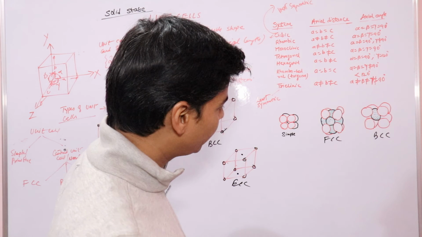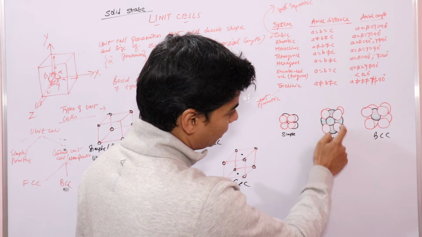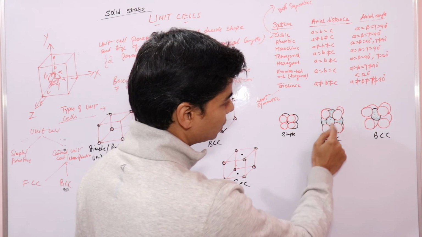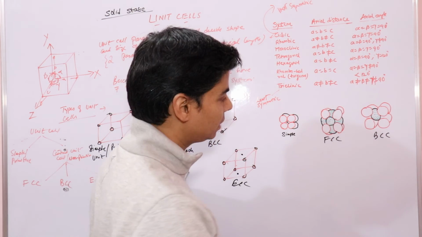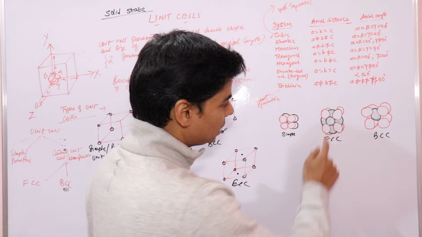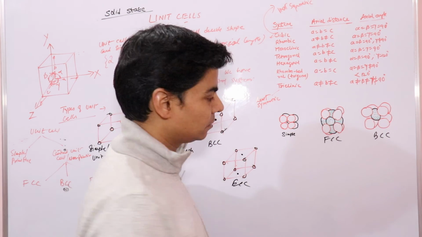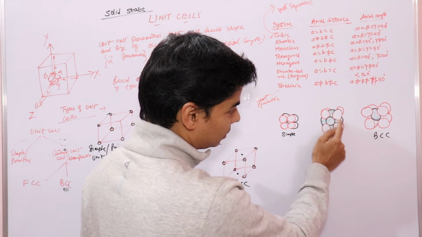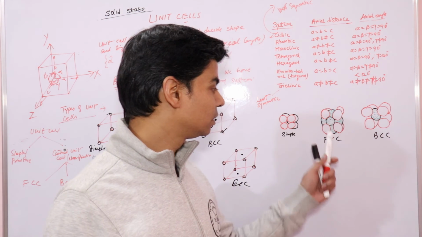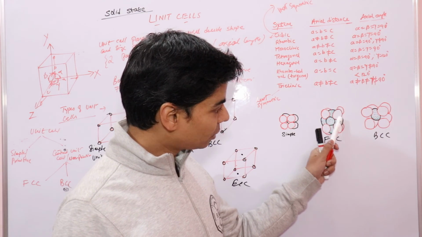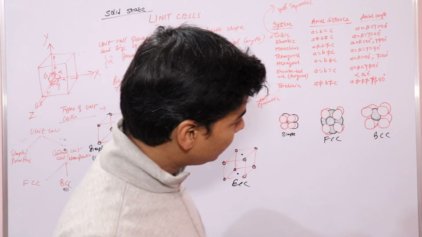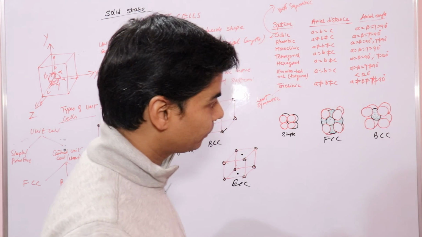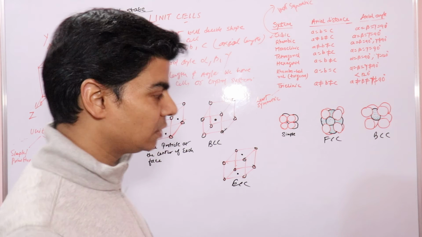Now one important thing to look at here is that these 4 spheres are not touching one another, right? But each sphere is touching 3 spheres. This sphere is touching these 3 spheres, which are at the center of each face. Similarly, in this one, these 4 spheres are not touching one another.